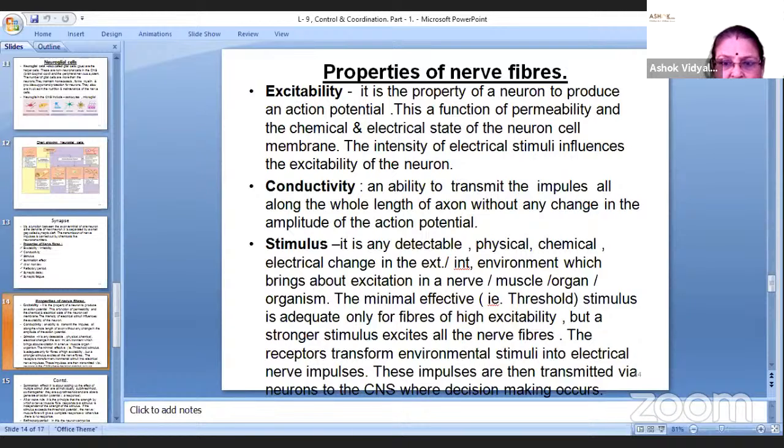If it is of minimum effect also, it is enough for the fibers which have high excitability. But a stronger stimulus excites all the nerve fibers. Now these are the three different properties: excitability, conductivity and stimulus.